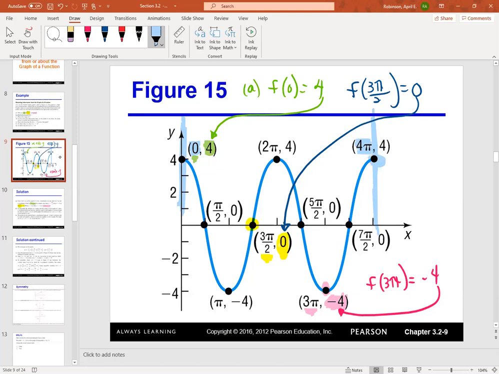And because these are solid dots, I would need a bracket on this. So my domain, I'll just say D, well, the domain is going to be from 0 to 4 pi, and I would need brackets for both because of the solid dots.